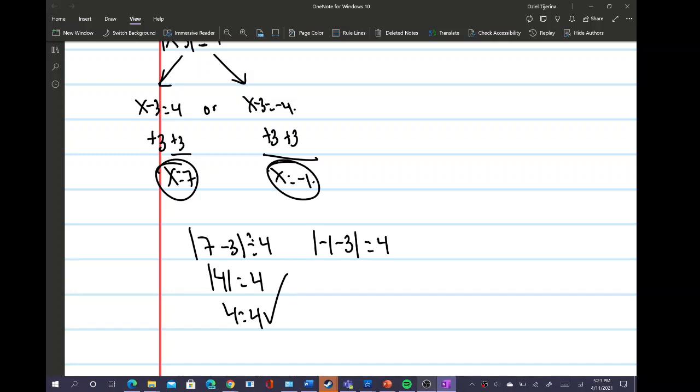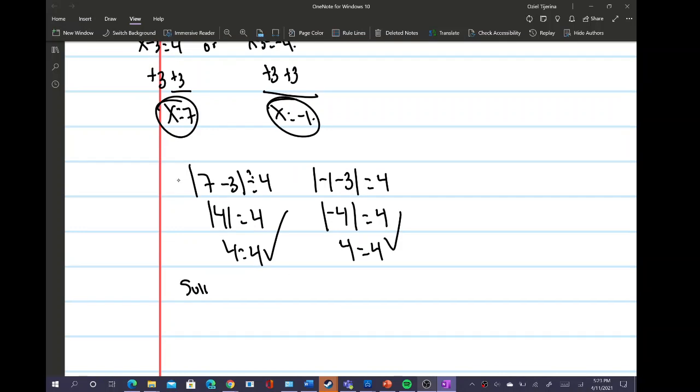Is this equal to 4? So then you get the absolute value of negative 4 equals 4, and that means that 4 equals 4, so then you're done. So your solutions are x equals 7 and x equals negative 1, right?